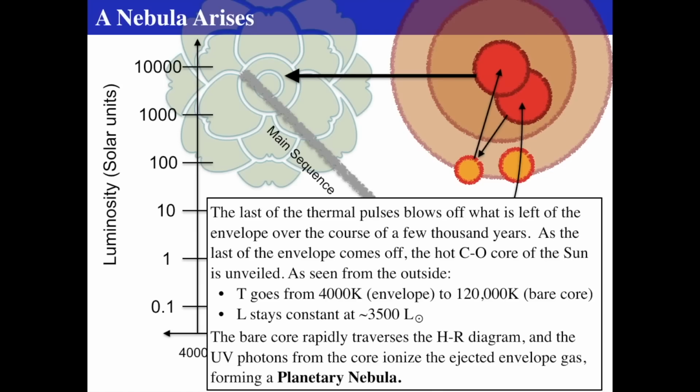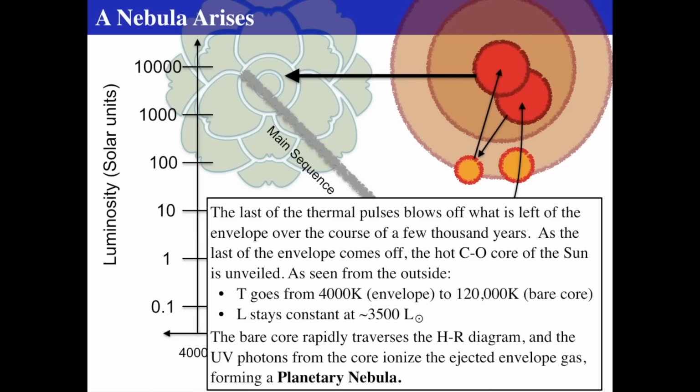And now we see the bare core of the star, which is over 100,000 Kelvin. And the luminosity stays roughly constant. It's almost 3,500 times the luminosity of the sun, between both the glowing material that's coming off of it and the core of the star that remains.